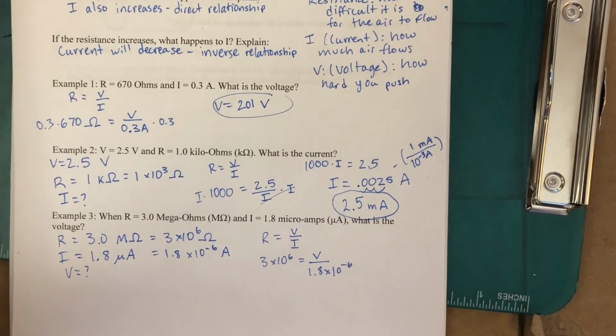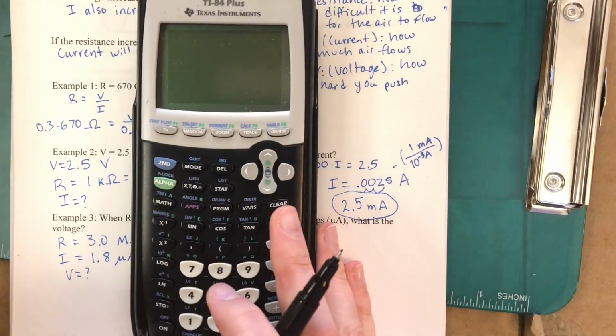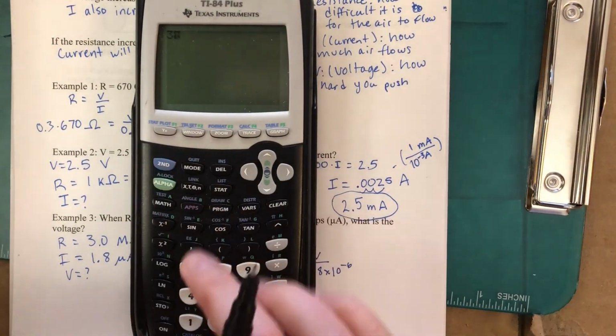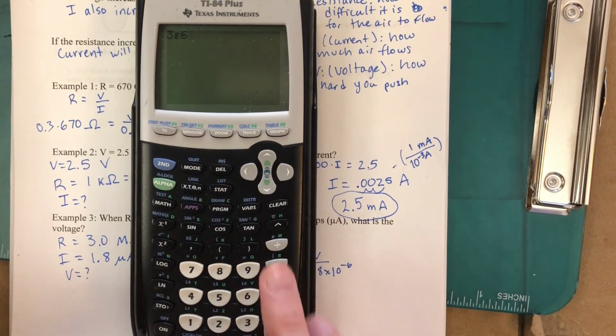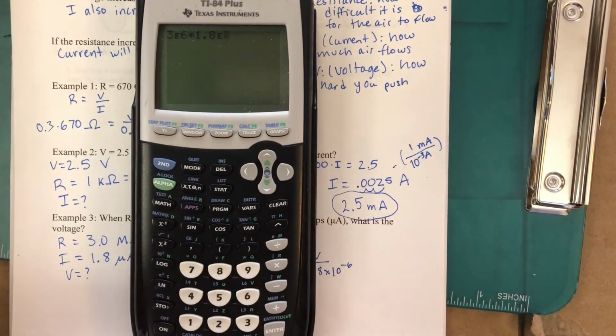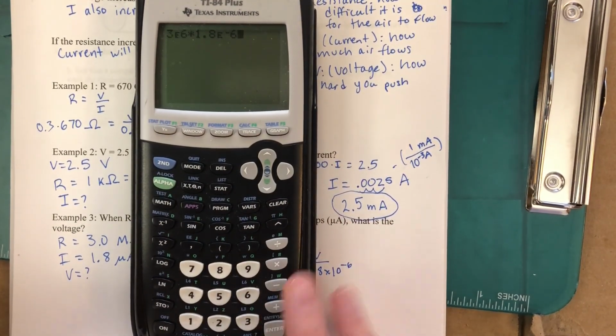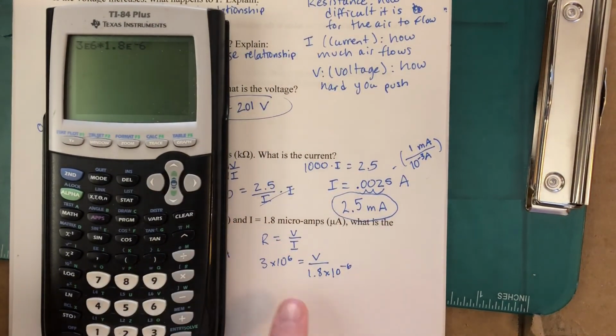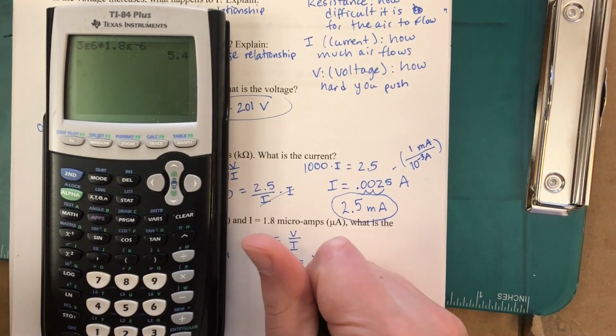So on the calculator, that's 3 e key 6 times 1.8 e negative 6. I'm multiplying because I'm getting rid of this on the bottom. That ends up being 5.4.